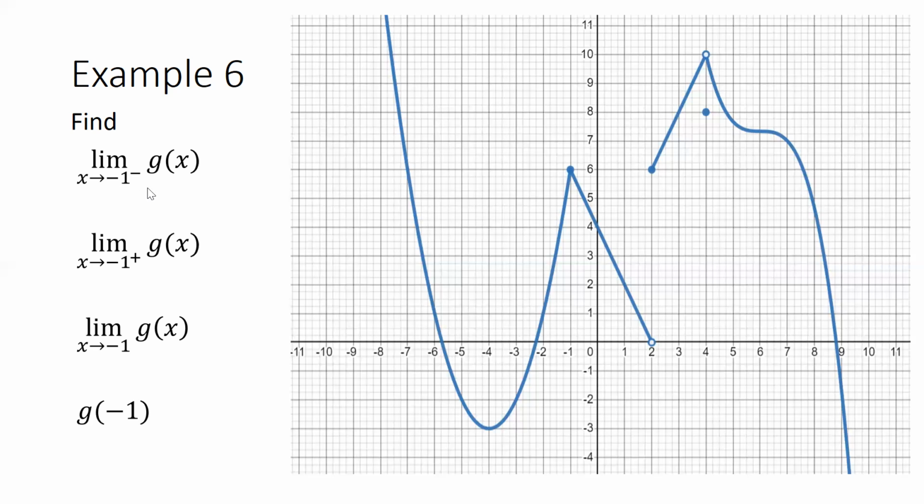So both from underneath and from above, as we're approaching -1, the limit is equal to 6. So the limit, regardless of direction, is also 6.